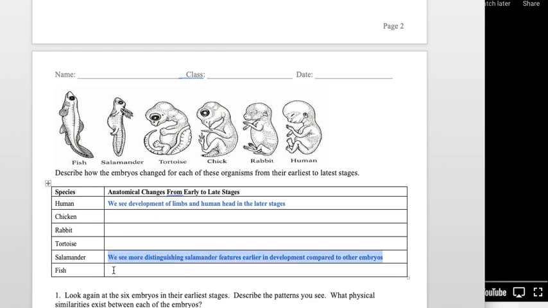And I think we can pretty much say the same thing for the fish. We see more distinguishing fish features earlier in development compared to other embryos.